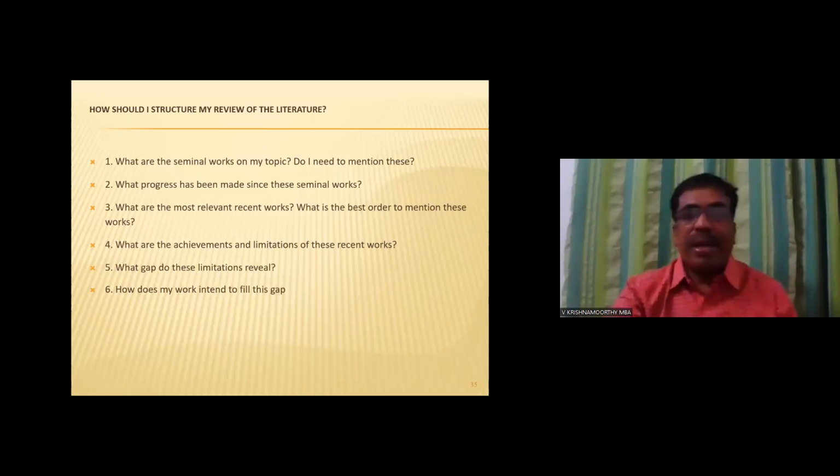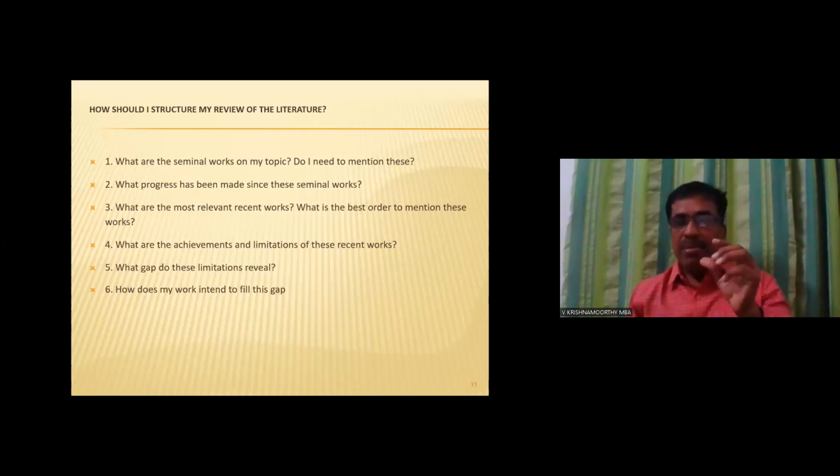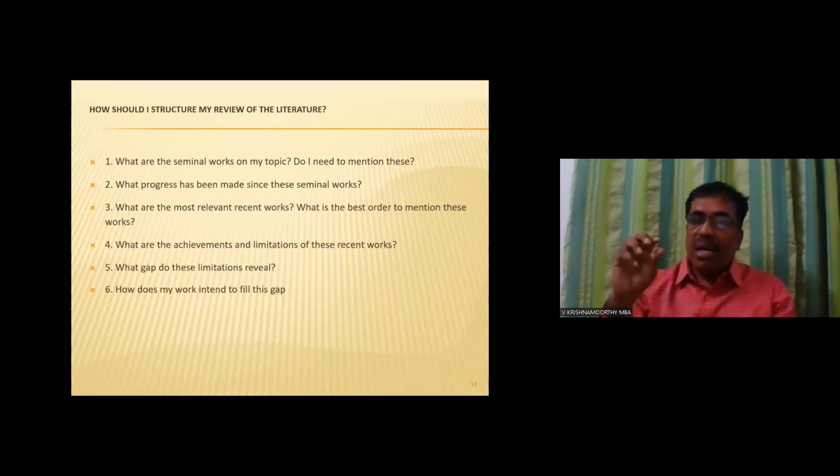Okay, how to write a review of literature? We have seen the main objective: an attempt has been made by the researcher to study the influence of human resource management practices on employee satisfaction. This study identified 5 important dimensions of human resource management practice.